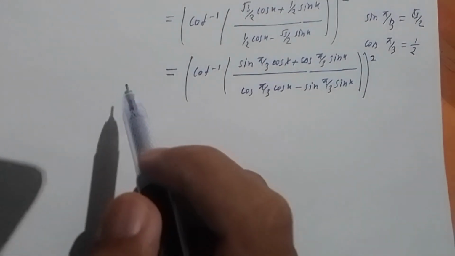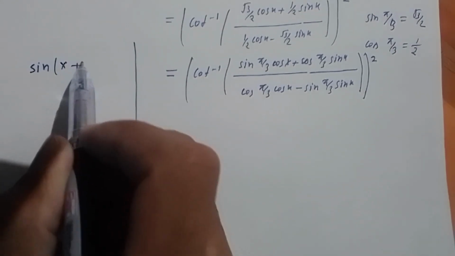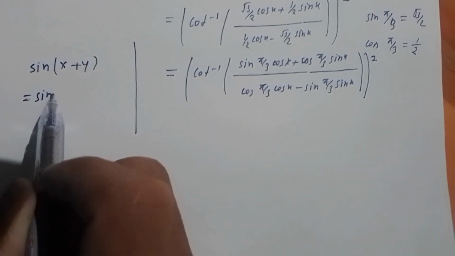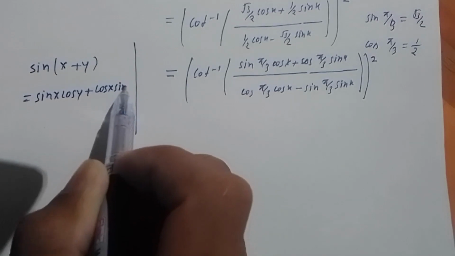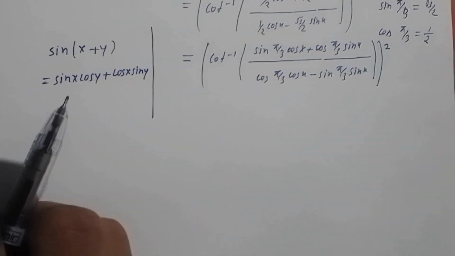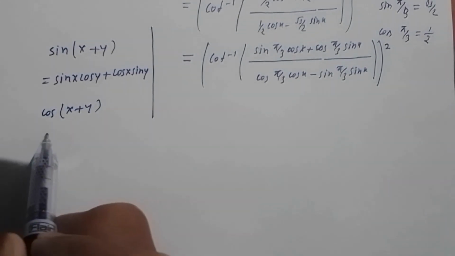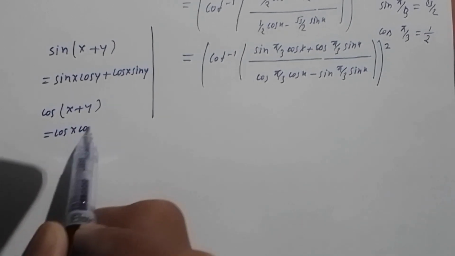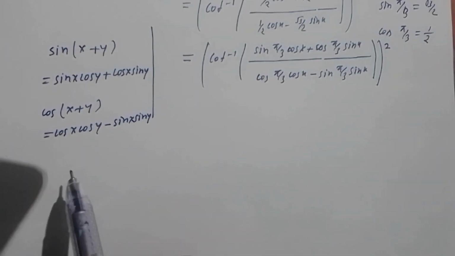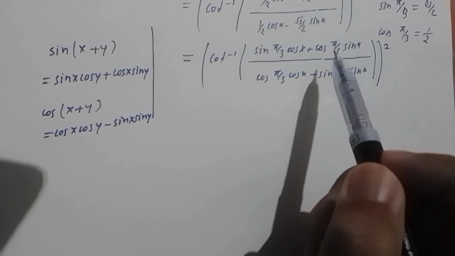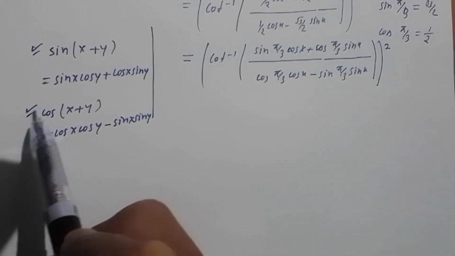Since we know that sin(x plus y) is equal to sin x cos y plus cos x sin y, and also cos(x plus y) is equal to cos x cos y minus sin x sin y, here the numerator is in the form of sin(x plus y) and the denominator is in the form of cos(x plus y).